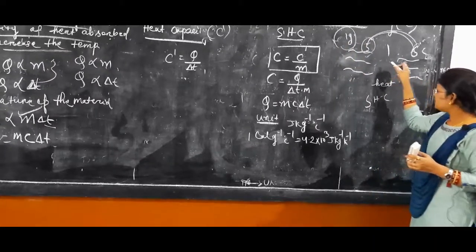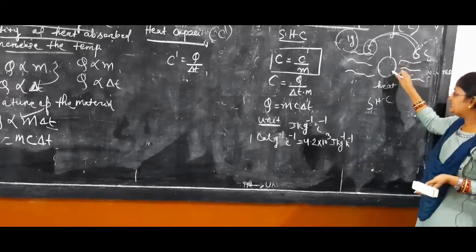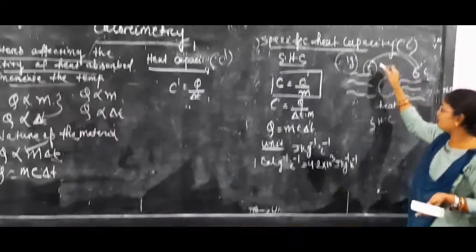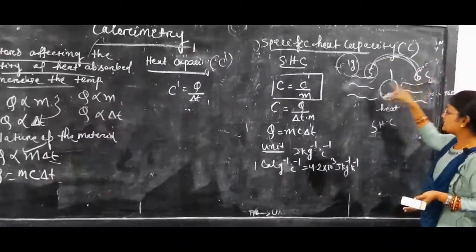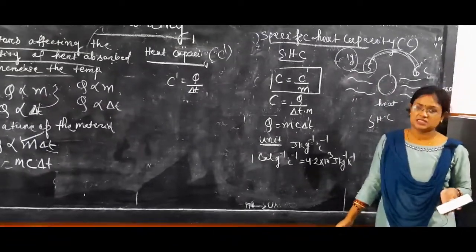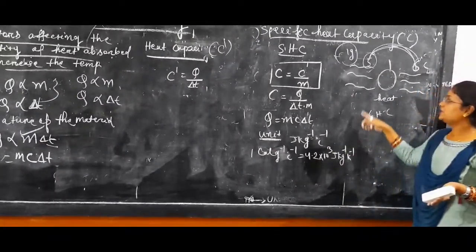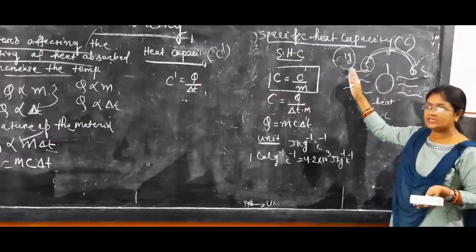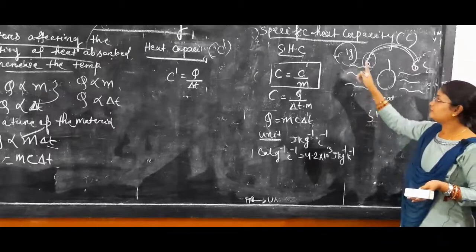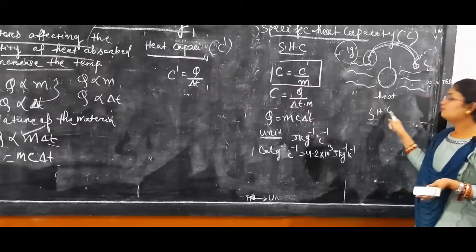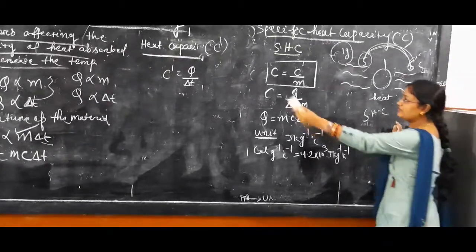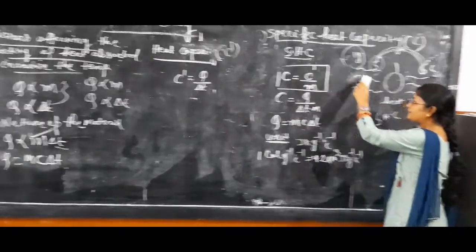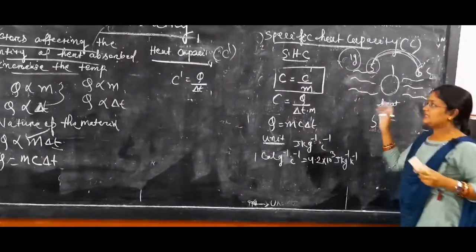So the amount of heat needed to increase the temperature of the body from 5 to 6, that is the specific heat capacity. So what is specific heat capacity? Specific heat capacity is the amount of heat needed to increase the temperature of 1 unit mass through 1 degree Celsius.